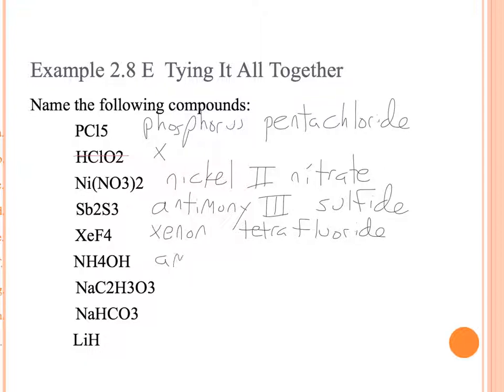Polyatomic ions here, ammonium hydroxide. Sodium is the first element, polyatomic ion C2H3, that should be C2H3O2.